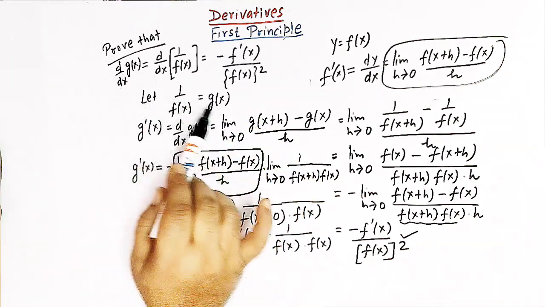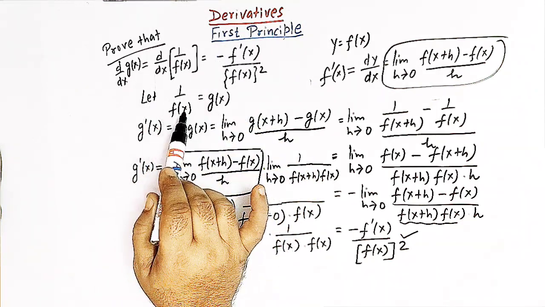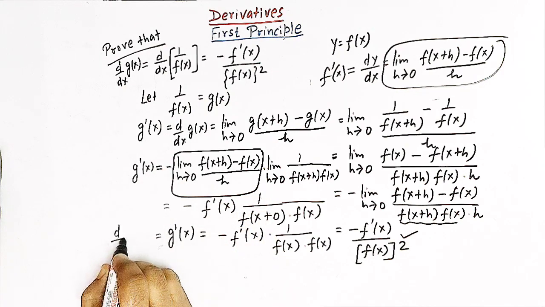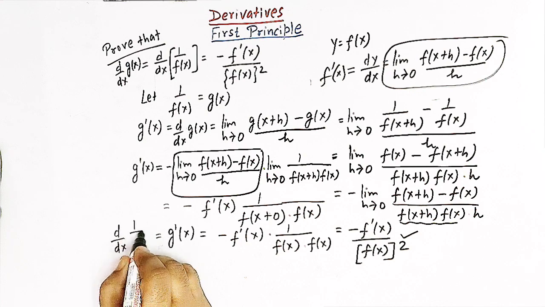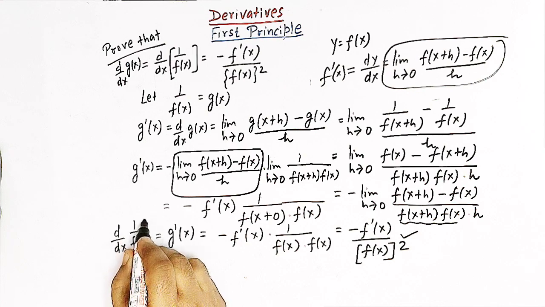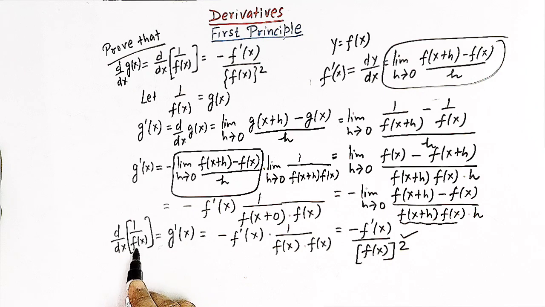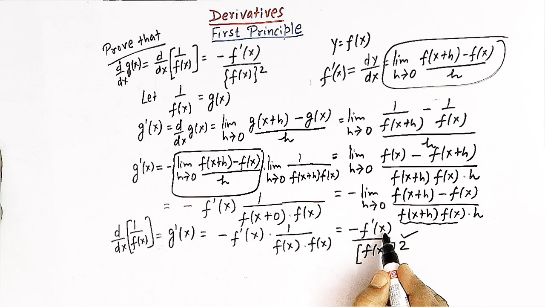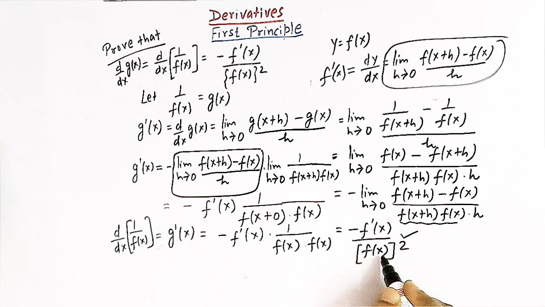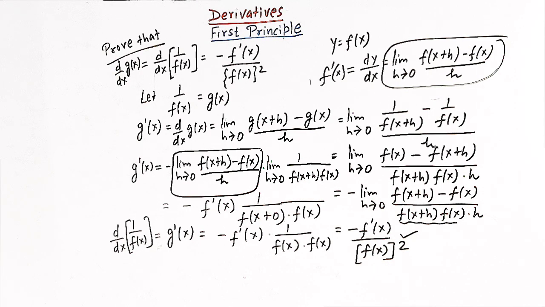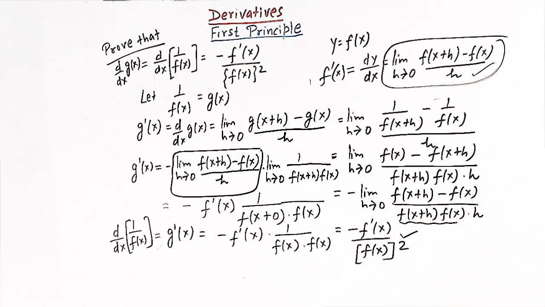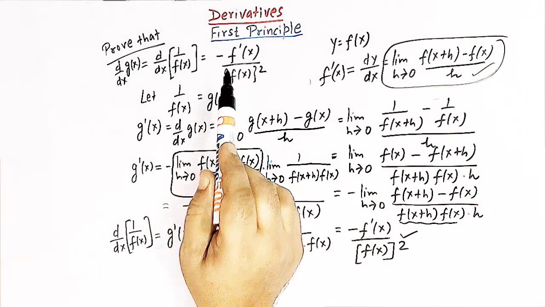So g of x represents 1 over f of x, so g prime of x is equal to d by dx of 1 over f of x. So the derivative of 1 over f of x is equal to a negative f prime of x divided by the square of f of x. So this is how, by making use of the method of first principle, we can prove this result.